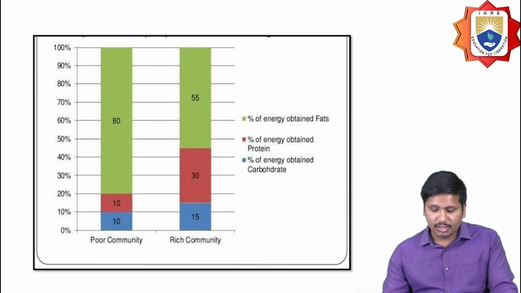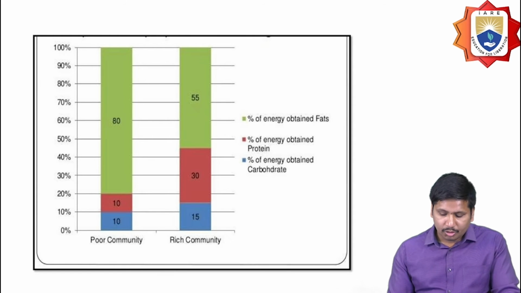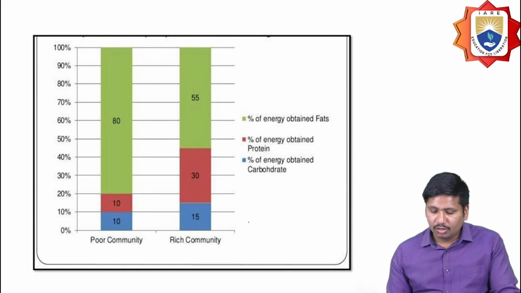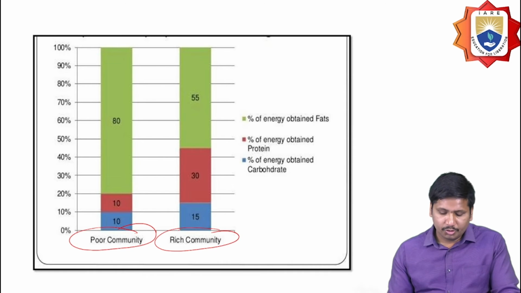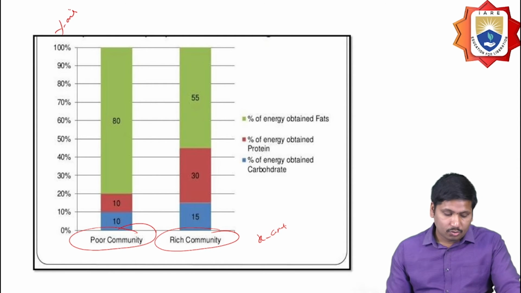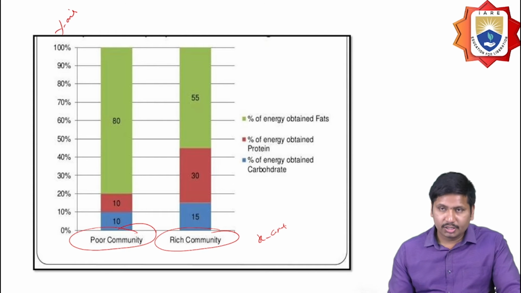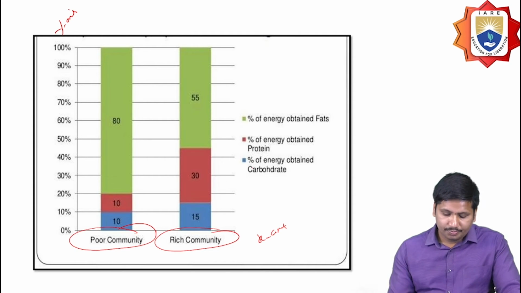Let me show another example. What is the percentage of energy obtained from fats in a poor community and a rich community? For that I'm taking poor and rich community on the x-axis, and percentage on the y-axis.